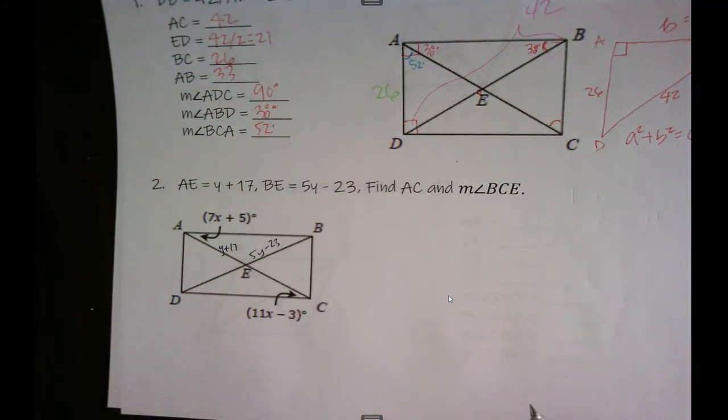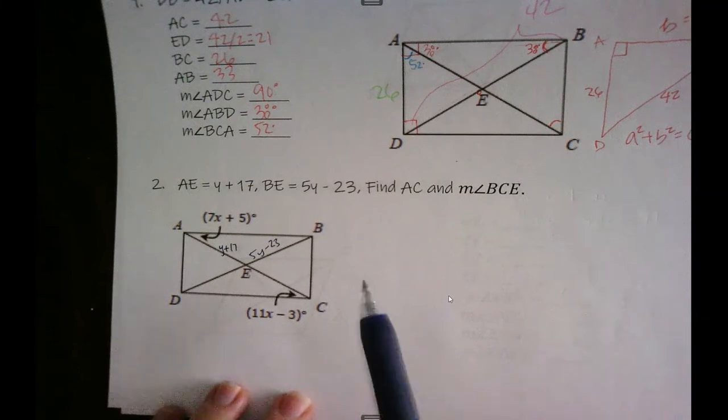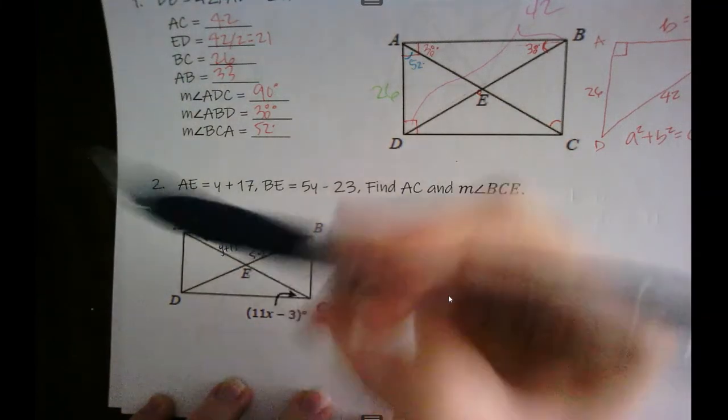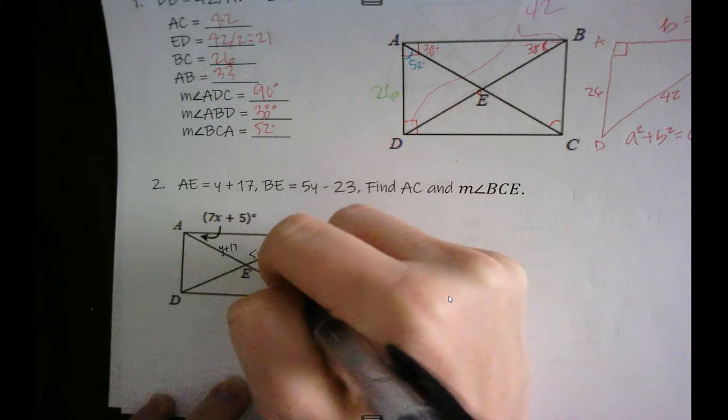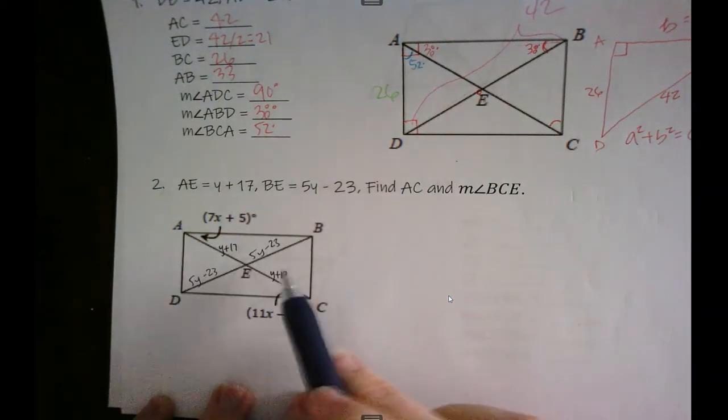So remember that our diagonals are congruent. So this side would be the same here, y plus 17, and this would be 5y minus 23.